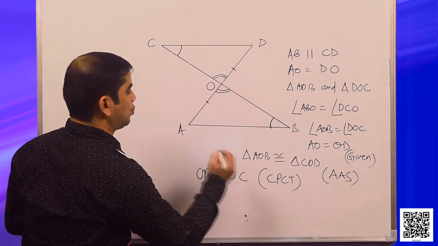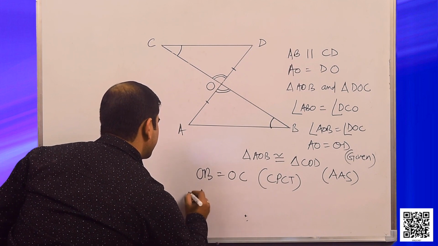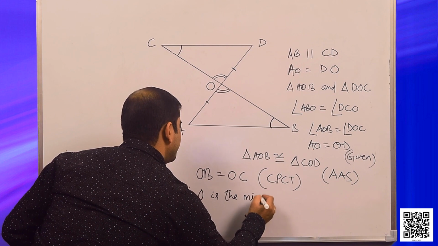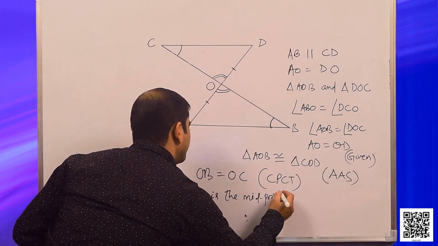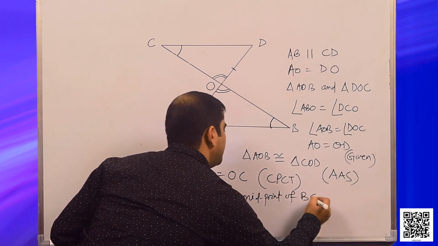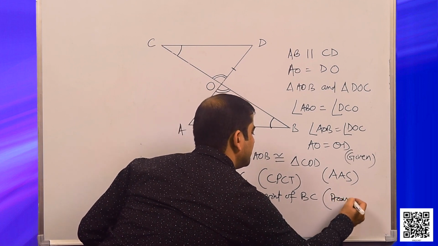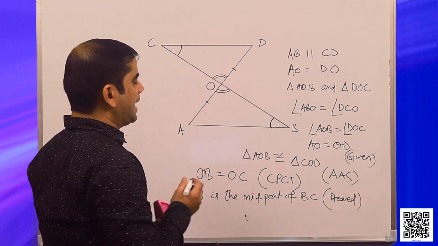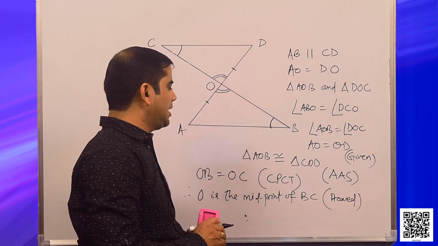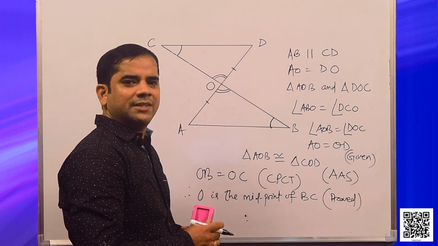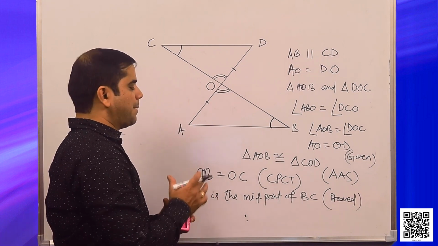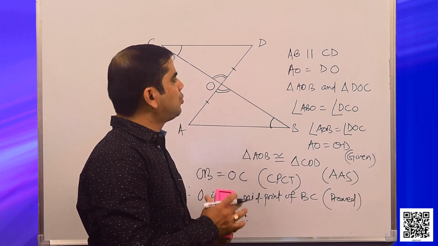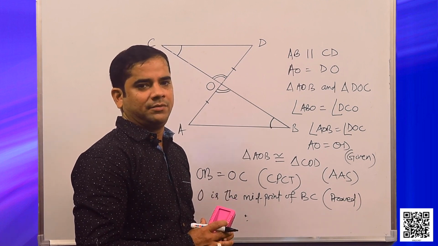If OB is equal to OC, hence O is the midpoint of BC. So in this way we have proved that triangle AOB is congruent to triangle COD or DOC, same thing, and O is the midpoint of BC. Hope you have understood this concept.